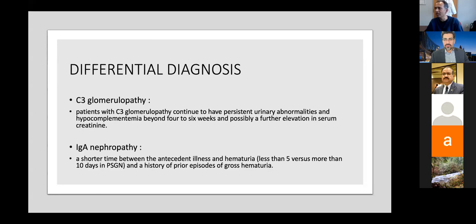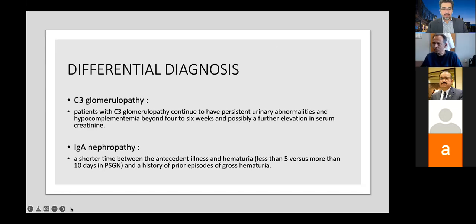Also, if you check complement, typically in IgA nephropathy you don't see suppressed complement. And most of the time there is a previous history of hematuria, while post-streptococcus is mostly a one-time disease that does not recur that often.